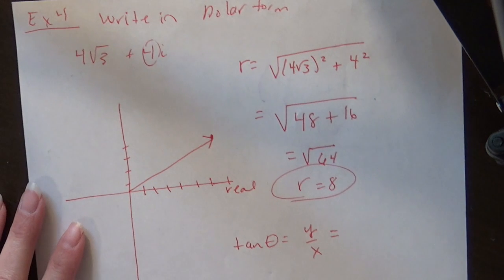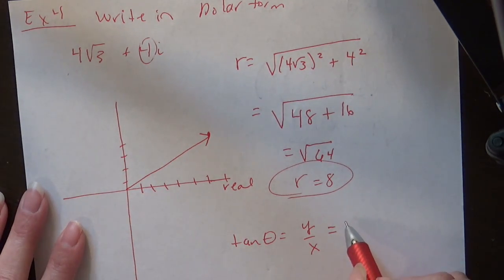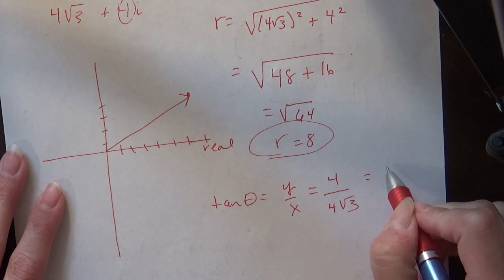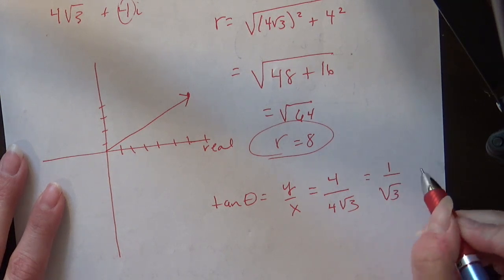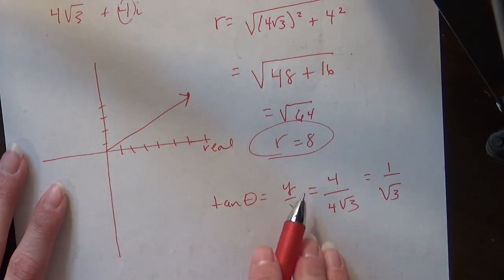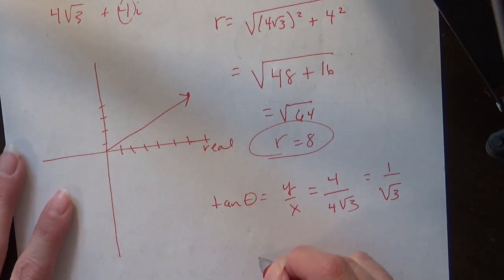So to solve for theta, we've got tan theta equals y over x. Y is 4. X is 4 times the square root of 3. We can simplify that as 1 over the square root of 3. Okay, now if tan theta is 1 over square root of 3, we're not doing decimal approximations here though, so we got to think about this.